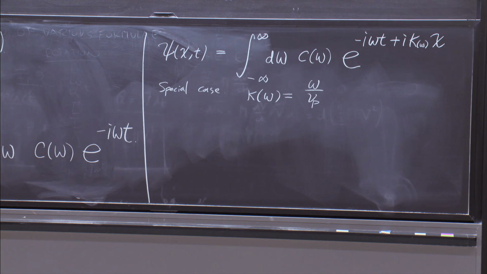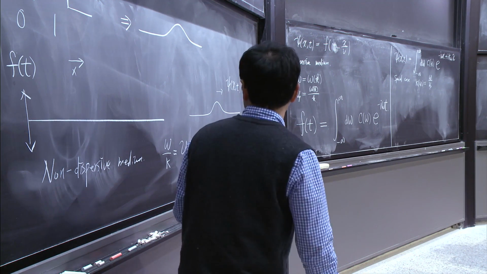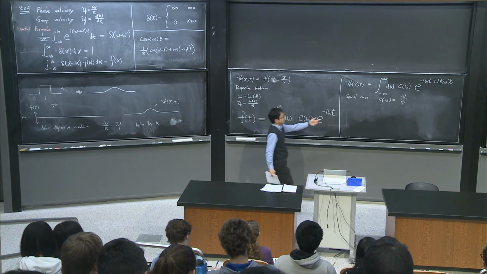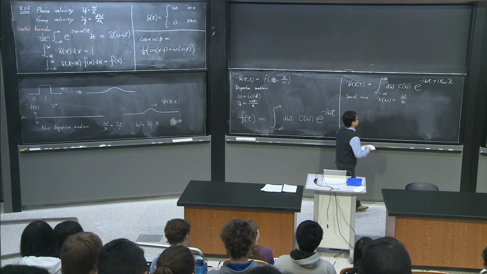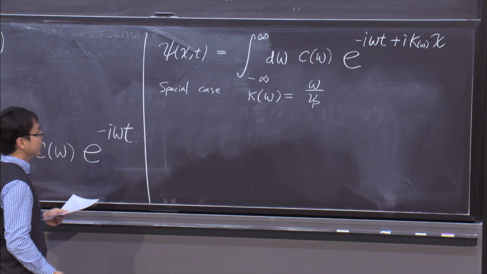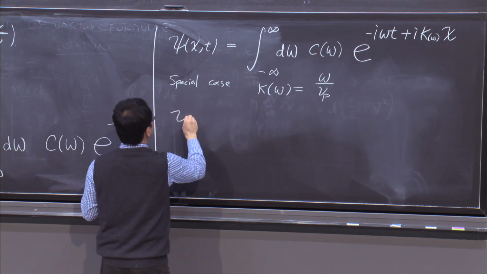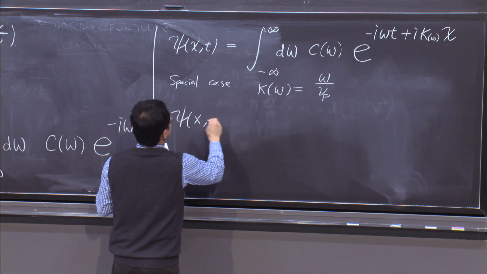I can solve for k, as I was mentioning, with this dispersion relation formula, and then I can conclude k as a function of omega is omega over vp. Then I can put it into this equation, and I'm going to get psi of x and t.